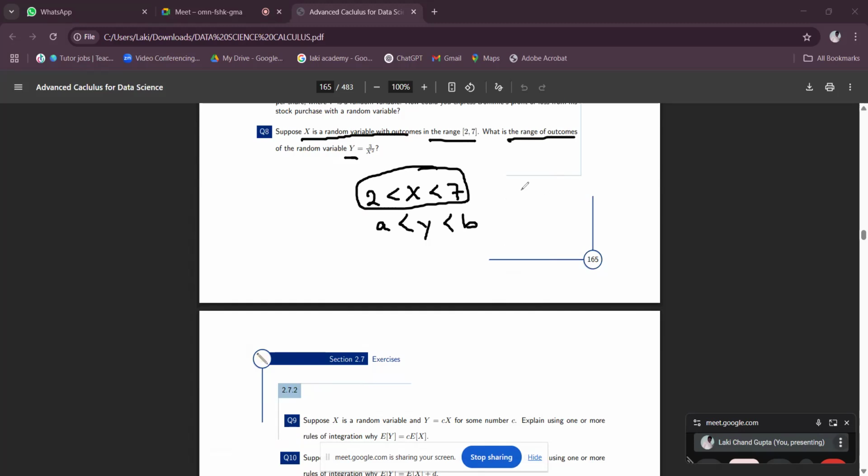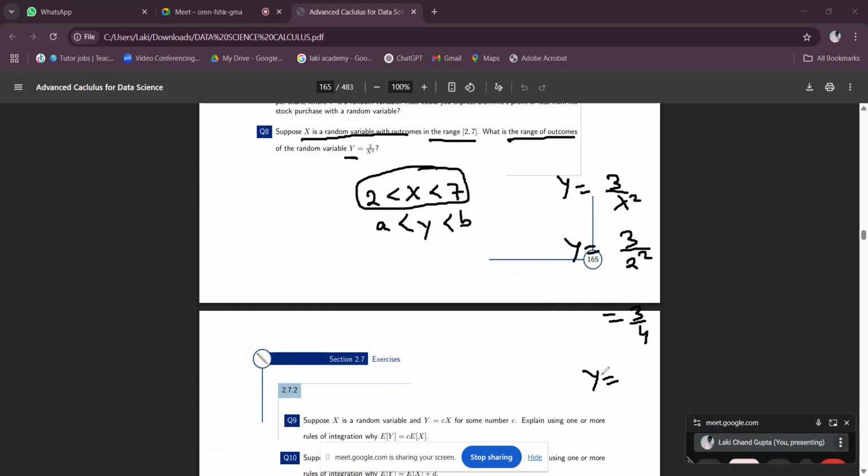Okay, very simple. You can see here. Y is equal to 3 upon x square. Lower range of x is 2. 3 upon 4, right?